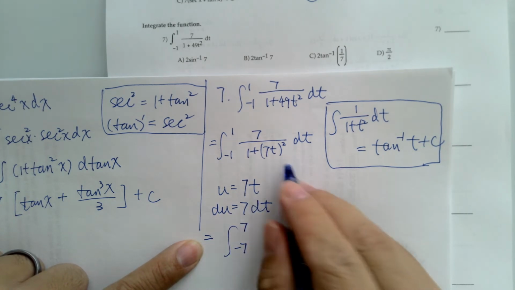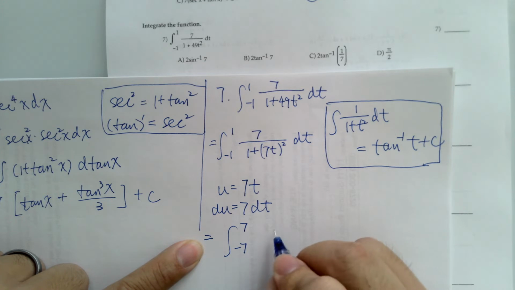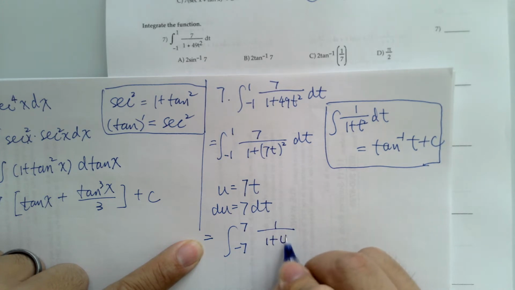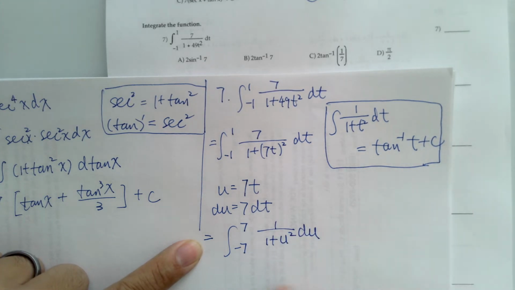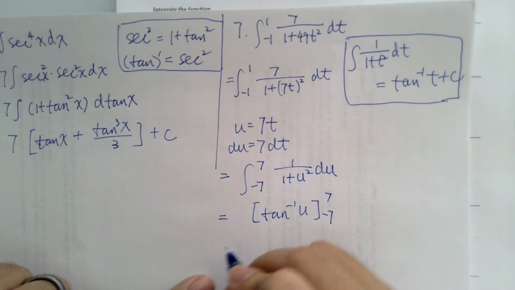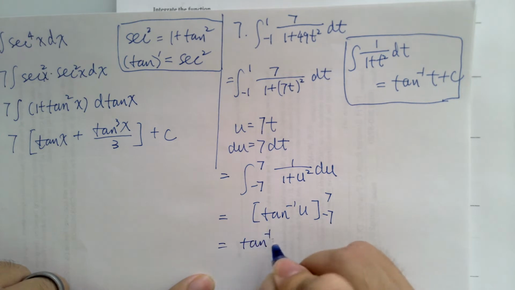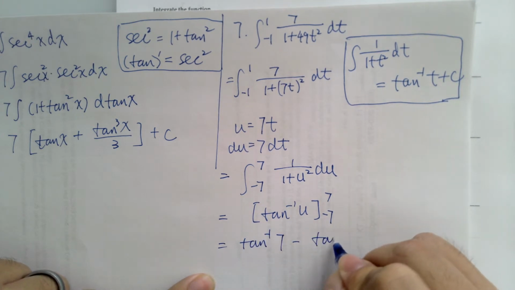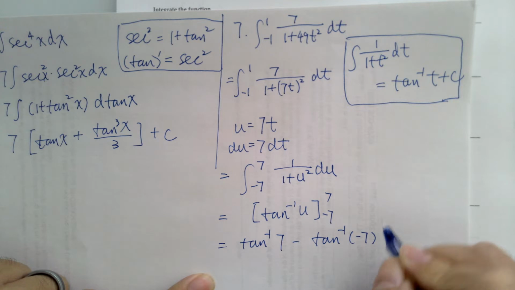So 7 dt is du, right? So it's going to have the integral of 1 over 1 plus u squared du. So you realize this is in a perfect format. So I'm going to have tan inverse of u, from -7 to 7. So we're going to have tan inverse of 7 minus tan inverse of -7.